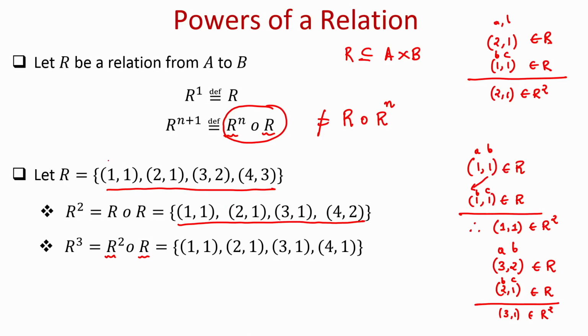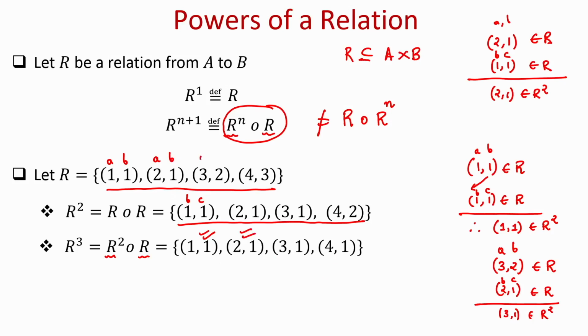So, for instance, this is your AB here present in R and you have BC as well present in R square. Therefore, AC which is 1 comma 1 will be present in R cube. Similarly, 2 1 is present in R and you have again 1 1 present in R square. So, that is why 2 1 is present in R cube.